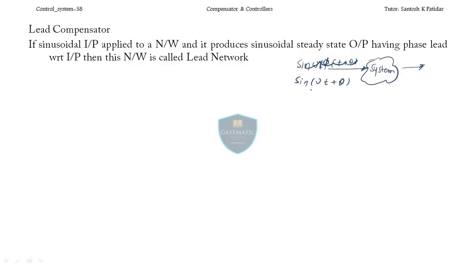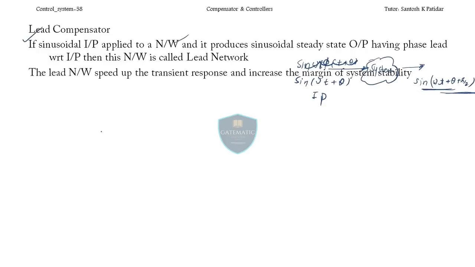At the output also you'll get a sinusoidal output, but with phase lead. Means here I'll get, suppose, theta plus pi by 2. Here pi by 2 leading is there. So the output is leading the input by pi by 2. So according to the lead compensator definition, if you apply a sinusoidal input to the network and it produces a sinusoidal steady state output having phase lead with respect to the input, then this network is called the lead network. Okay, actually the lead network is nothing but a high pass filter, or working as a high pass filter.